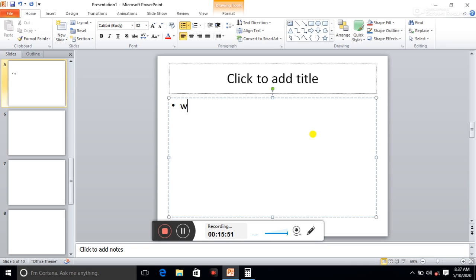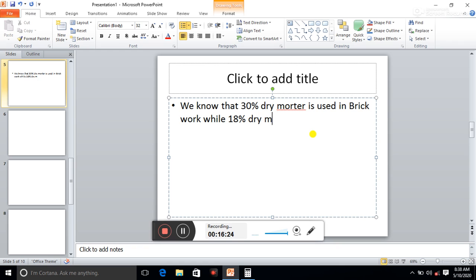For that we know that 30% dry mortar is used in brick work, while 18% dry mortar is used in block work. Note that point.